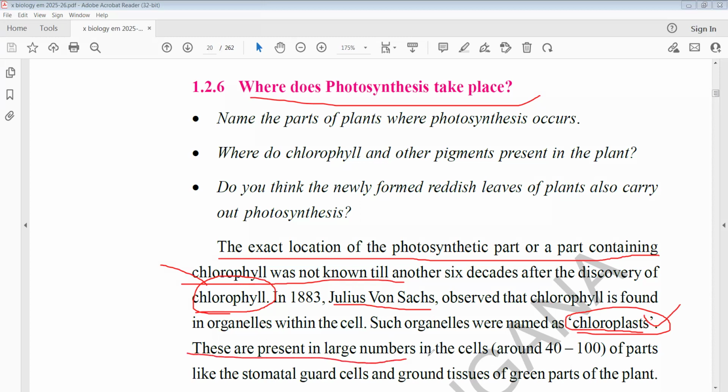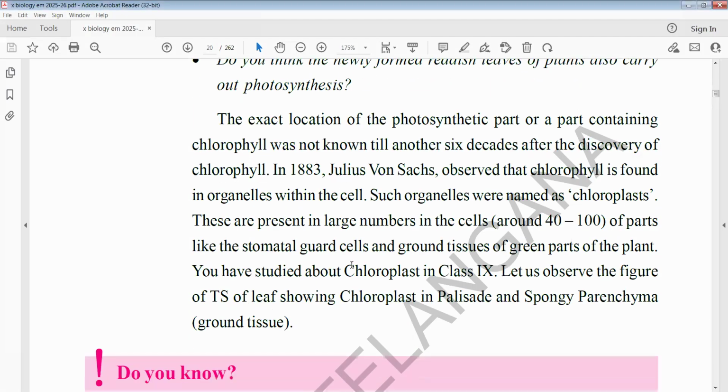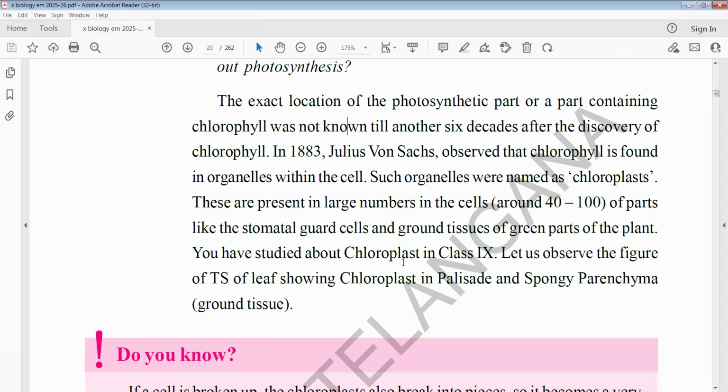These are present in large numbers in the cells, nearly 40 to 100. They are found in stomatal guard cells and the ground tissues of the green parts of the plant. When we go through the TS of a leaf, the transverse section, we can see three important parts: palisade parenchyma, spongy parenchyma, and vascular bundle.